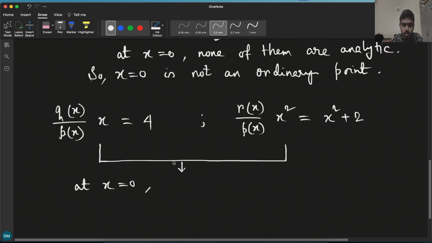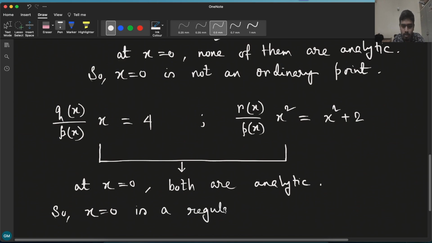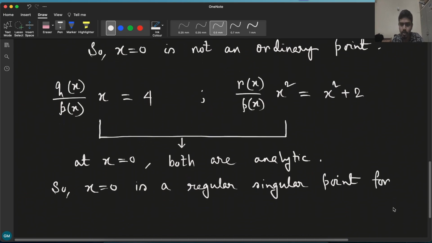So at x equals to 0, both qx by px times x and rx by px times x square are analytic. It means x equals to 0 is a regular singular point for the given differential equation.